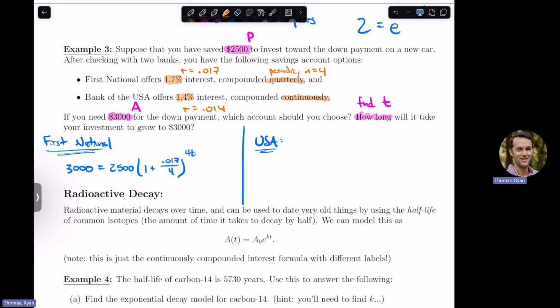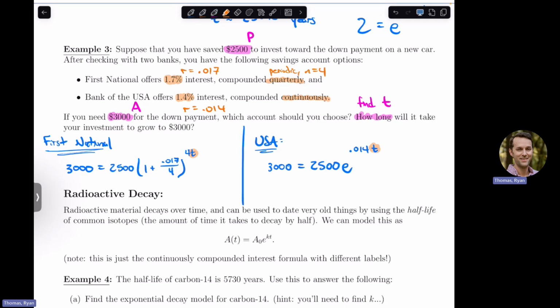And then again, we want to solve for T. The other one, same A, same P. It's continuous, so e to the 0.014 T. I was highlighting T. There we go.